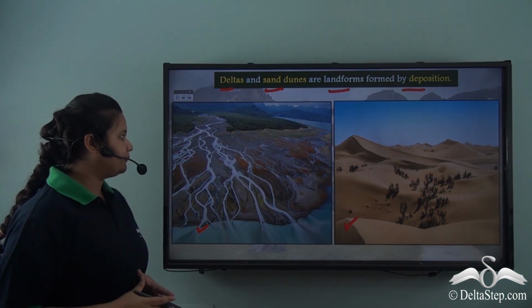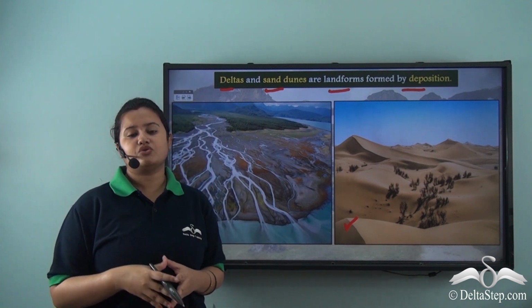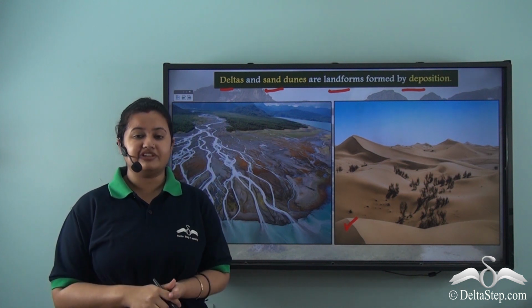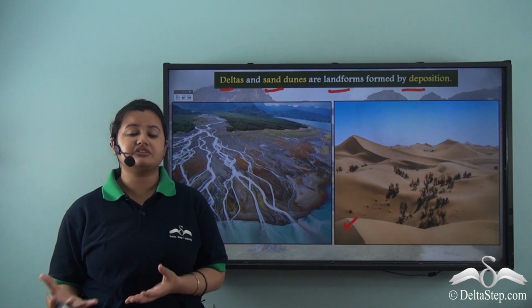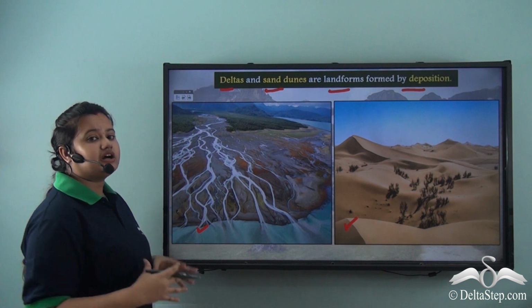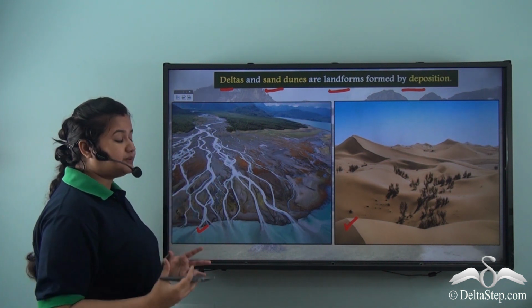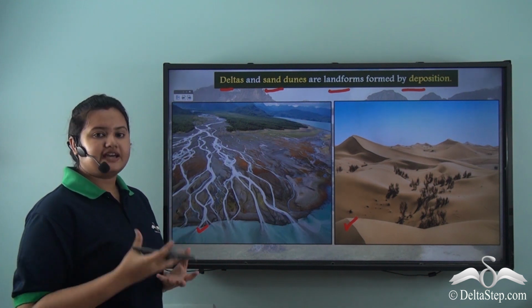I'll explain to you how. See, we already know that when a river flows over a land surface, it erodes the land surface, that is, it carries silt, alluvium and other debris along with it. Now, when a river connects with a larger water body, say an ocean or a sea, its speed decreases and it starts depositing these sediments.